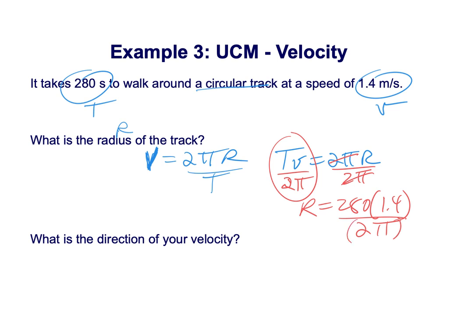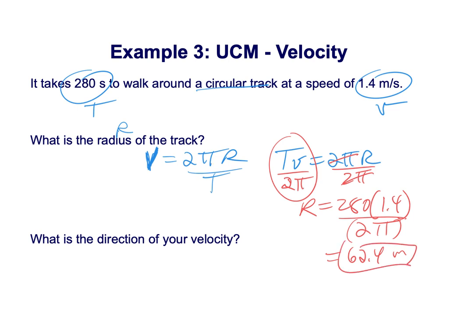Be sure to put 2 pi in parentheses if it's in the denominator. 280 times 1.4 divided by (2 pi), and I get 62.4 meters.